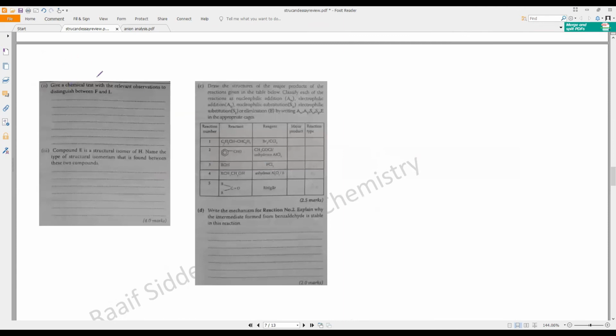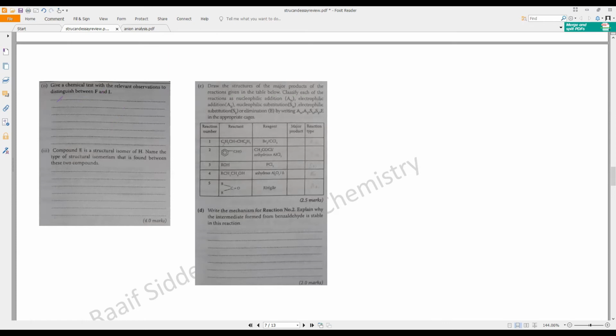And see, give a chemical test with the relevant observations to distinguish between F and I. So you have to distinguish between F and I, meaning between a ketone and an aldehyde. The easiest way to identify a ketone and an aldehyde is the Tollens test, right?